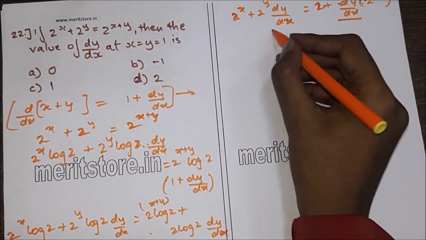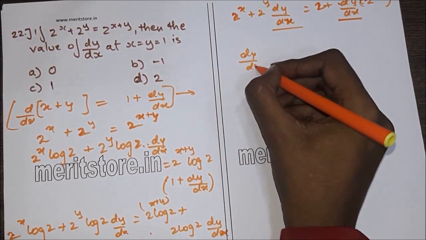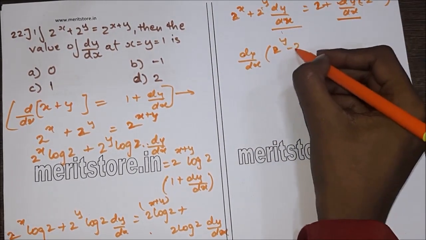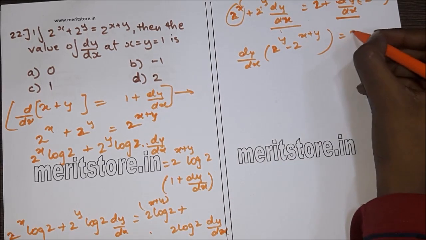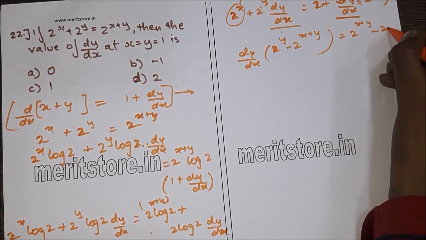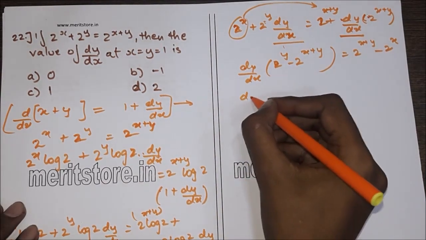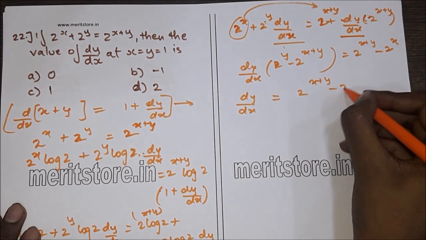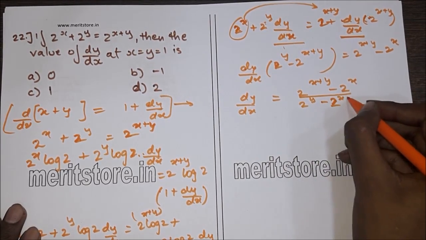We take dy by dx to one side, so we have dy by dx into 2 raised to y minus 2 raised to x plus y, and we take this to RHS, so we have 2 raised to x plus y minus 2 raised to x. So that is dy by dx is equal to 2 raised to x plus y minus 2 raised to x upon 2 raised to y minus 2 raised to x plus y.